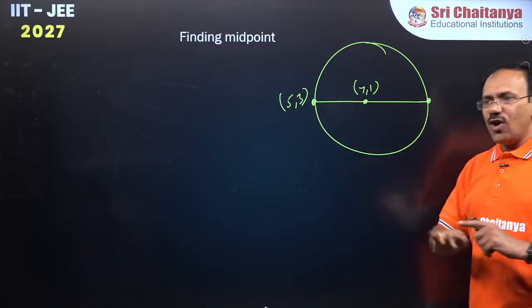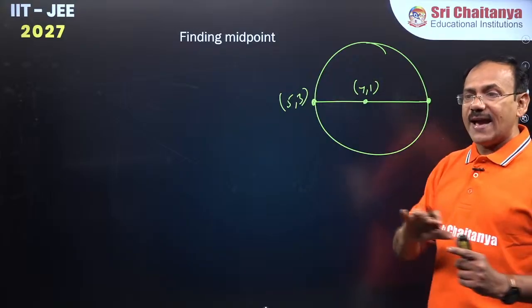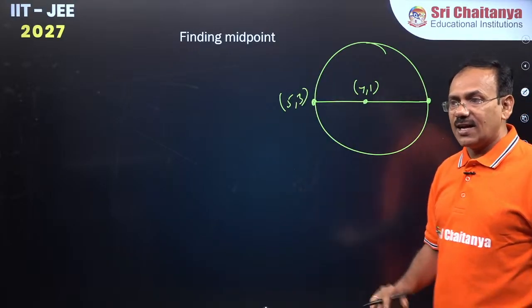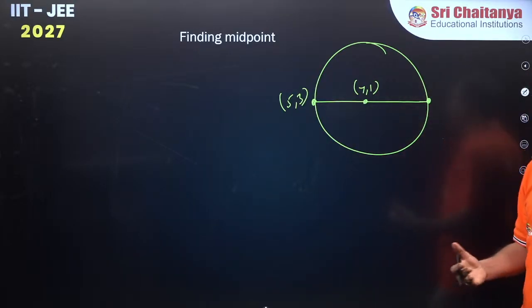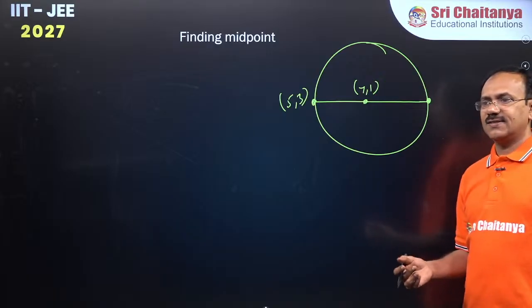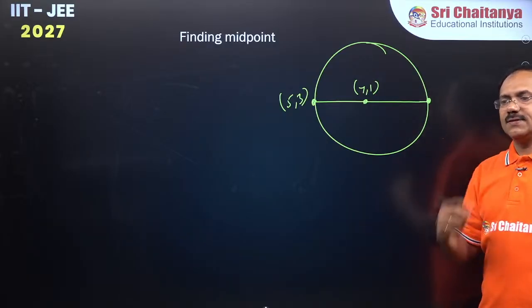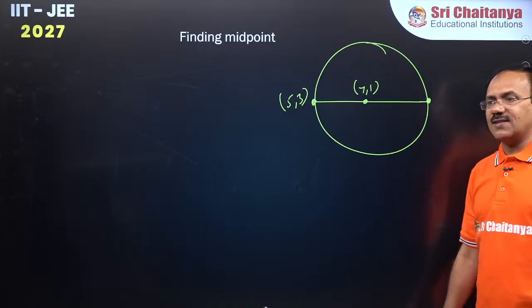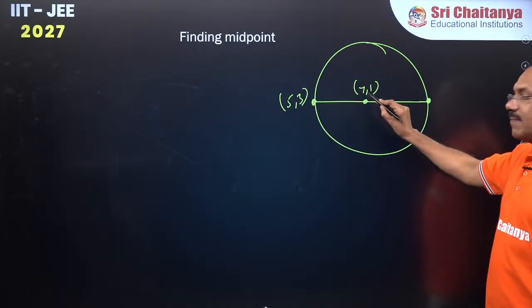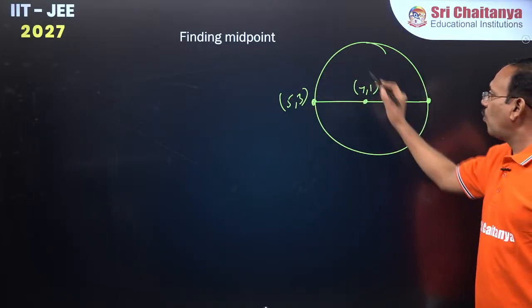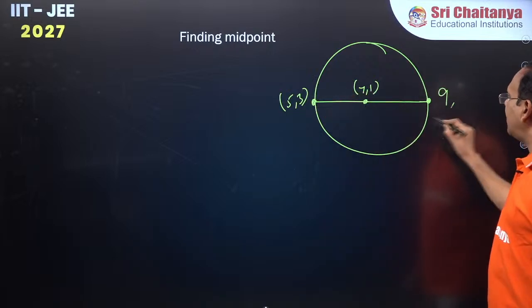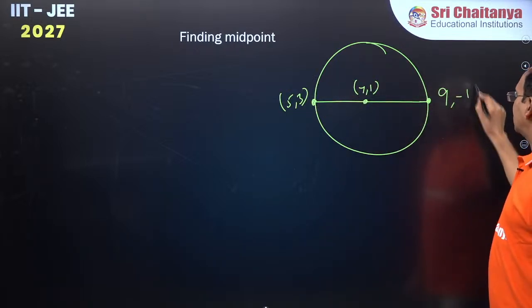No calculations, no need to take x, y, directly you will get the answer. Let me know the answer, guys. Yes, double the midpoint and subtract this. 14 minus 5, 9, 2 minus 3 minus 1.